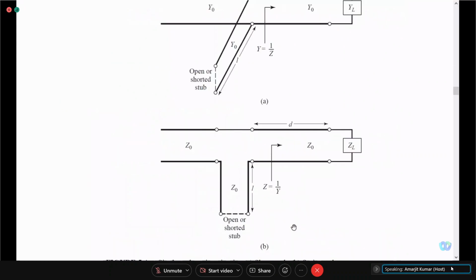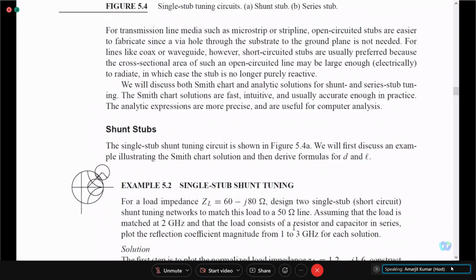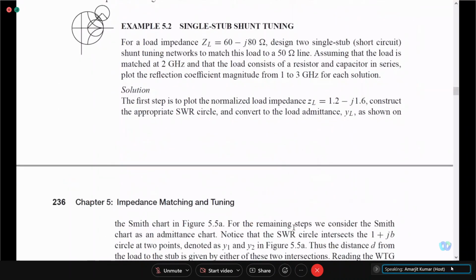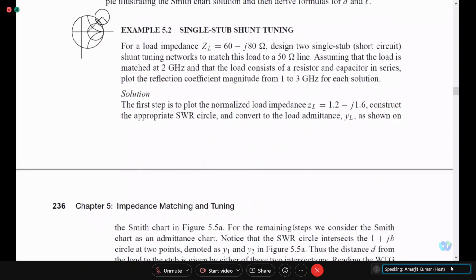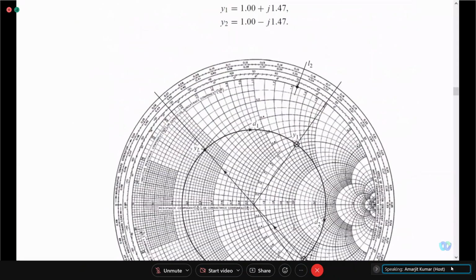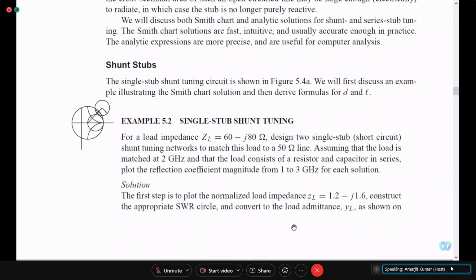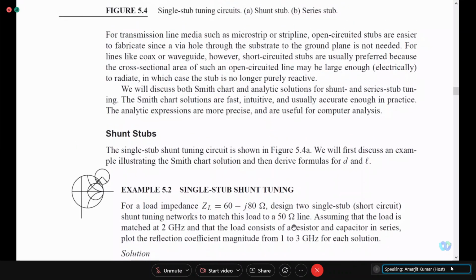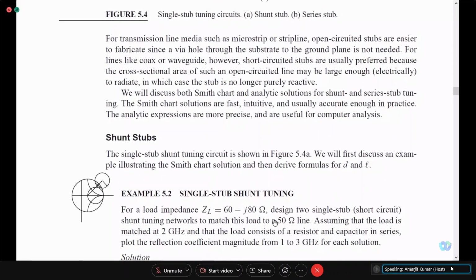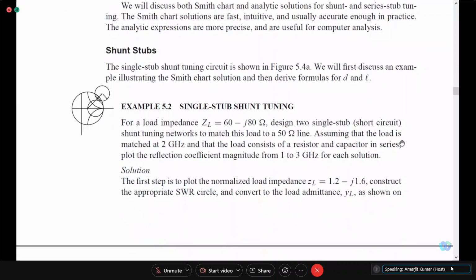So using Smith chart, how to solve this? Here is the question in front of you and we will discuss it using the Smith chart. Analytically we have done. Using the formula is very complicated, but you can do it using the formula also. You can write a MATLAB code. So for a load impedance ZL is equal to 60 minus j80 ohm, here is the question for shunt stub.